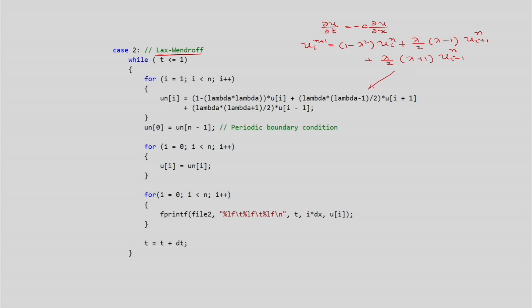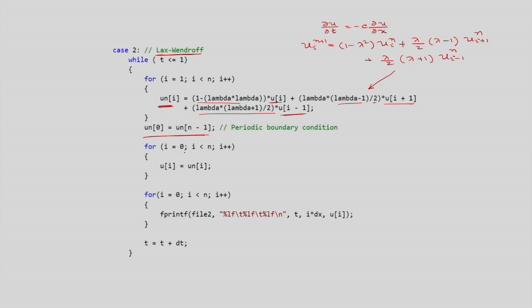So this we are solving now, you can see. At n+1 we are now calculating at the current time level: (1 − λ²) u_i^n, where λ we have already defined, plus λ/2 (λ − 1) u_(i+1), which is the previous time step value, plus λ/2 (λ + 1) u_(i−1), the previous value. Then we have applied the periodic boundary condition to update u at the inlet, 0.